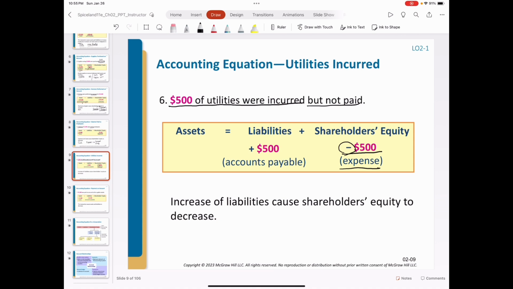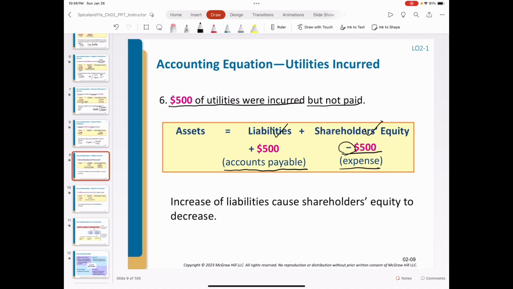Because the $500 expense was not paid, it represents a liability to the utility company. So accounts payable to the utility company, as a liability, increases 500. You will see this transaction has an impact on liabilities and stockholders' equity.